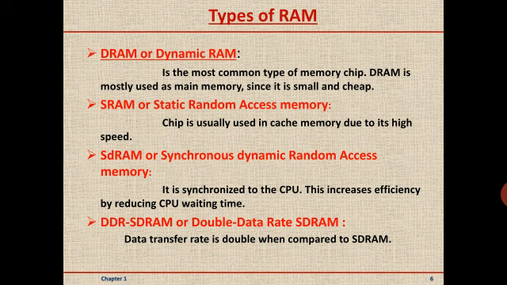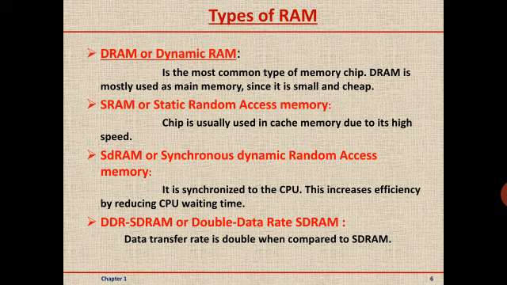The RAM memory is again classified into 4 different categories. First type is DRAM, that is Dynamic Random Access Memory. It is most common type of memory chip.